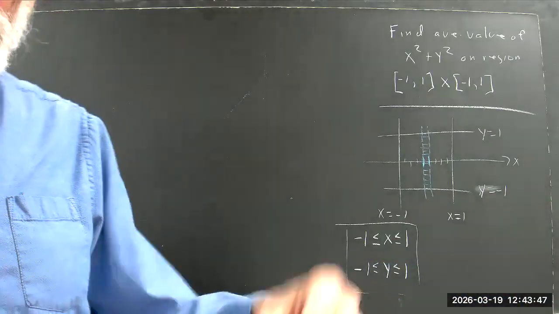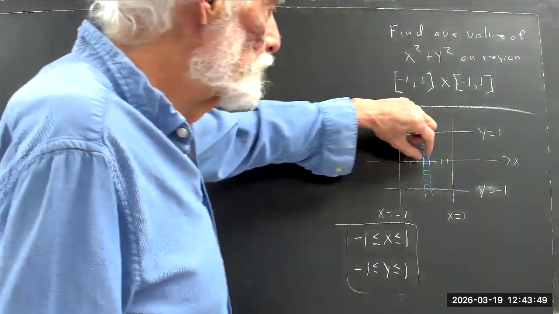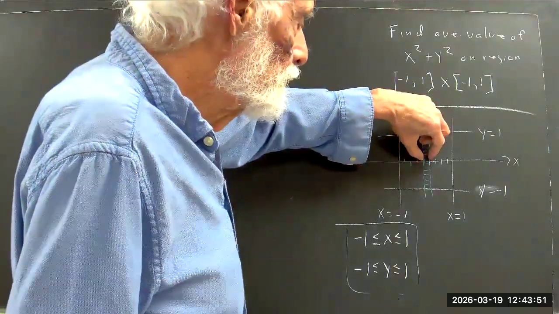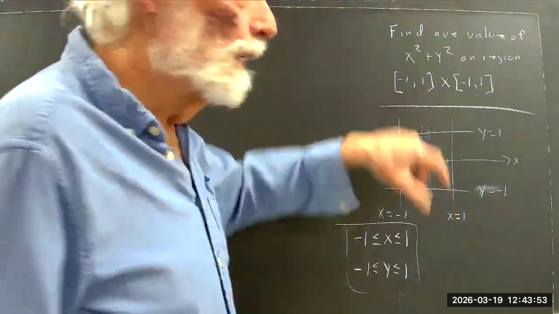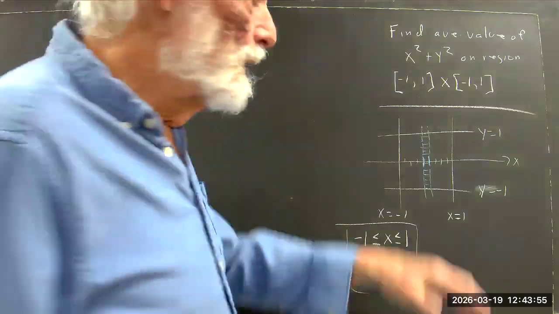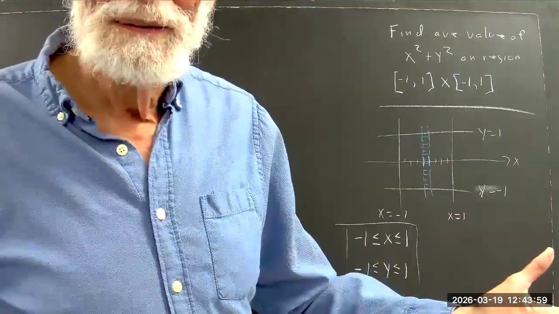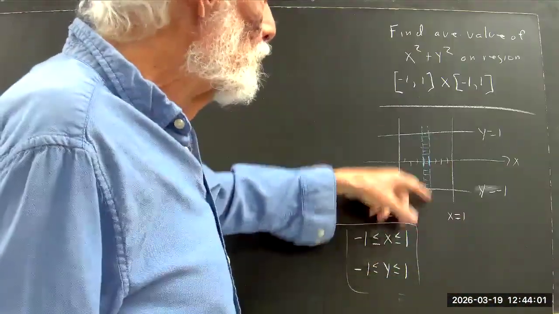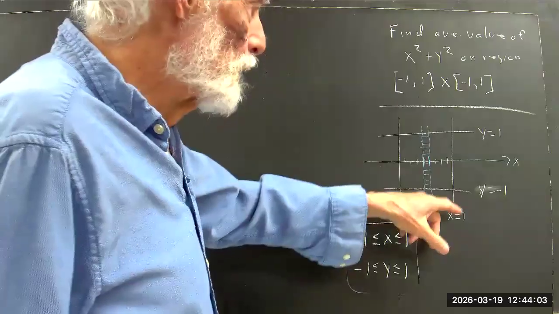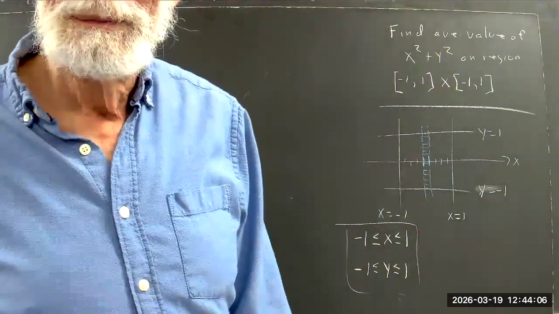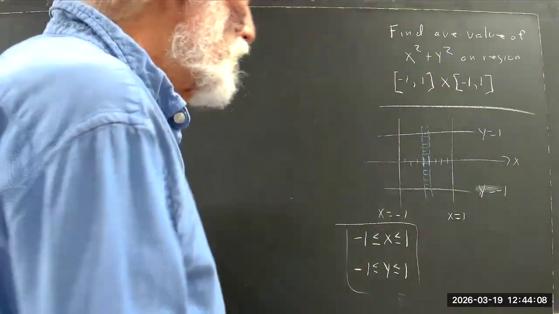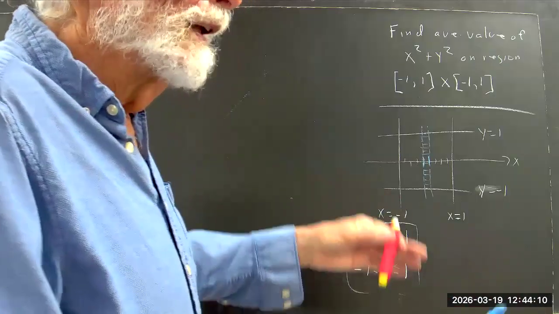We partition every strip that corresponds to our x partition. We partition it separately. And the reason is because you don't always have a square. So the y values for one partition might have a different range than the y values for another. So that's what's coming up. If you didn't understand that, that's okay.